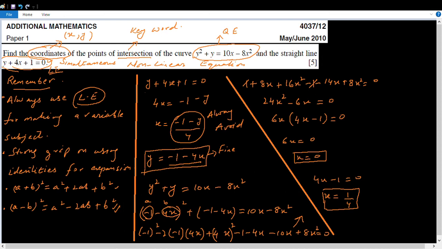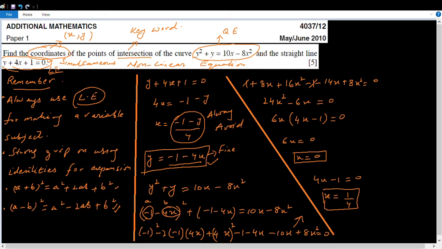Now against these two values we will get the values of y. As I have made y the subject in this equation, I will definitely use this equation to get the values of y, because less simplification is required and it will give me the values of y.